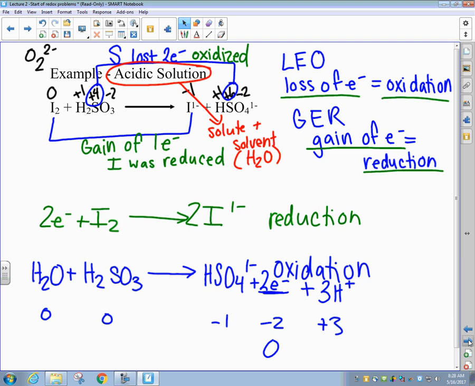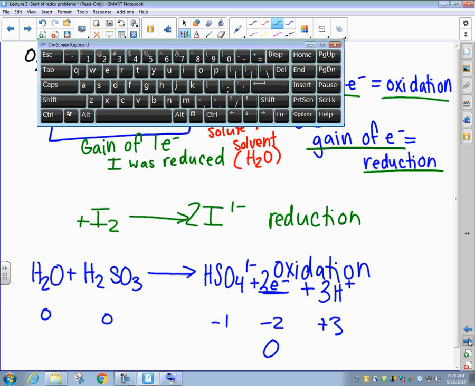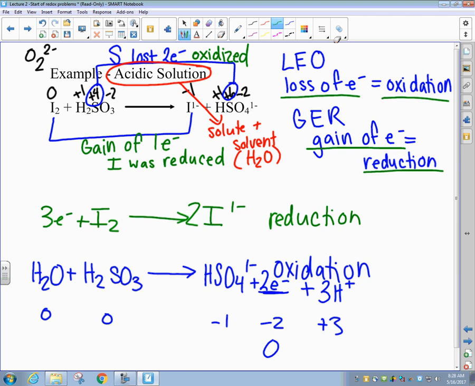Now, just a note here, guys, you will encounter this in some of your problems on your homework. Let's just say for a moment that instead of having 2 electrons here, this were 3. If this was 3 electrons here, and my number of electrons up here and down here didn't match, what I would have to do is multiply both half reactions by the least common multiple in order to get them to match.